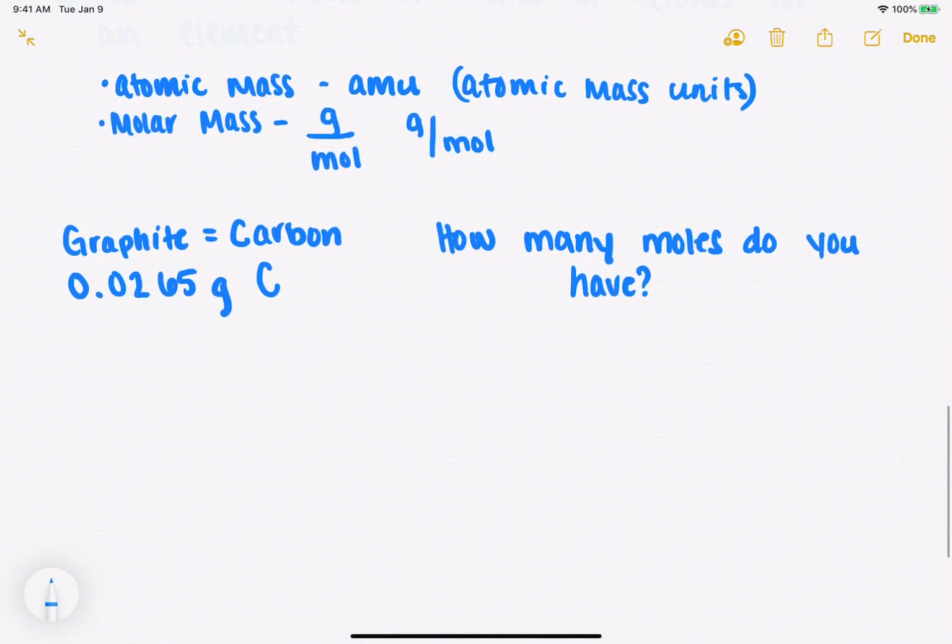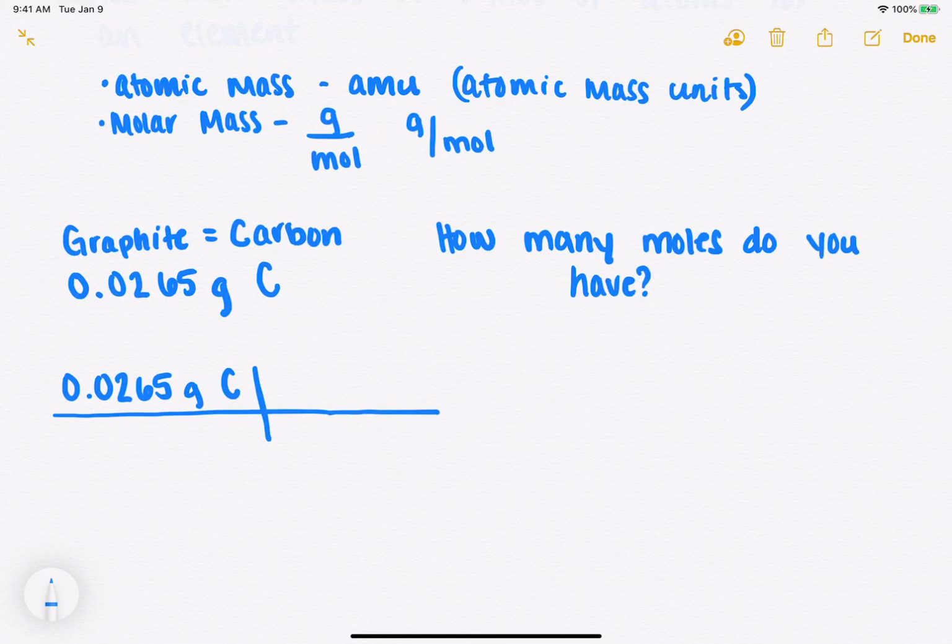So when we're doing dimensional analysis, we always want to start with the number that's given, which is 0.0265 grams of carbon. And also, you always want to write out all of your units just so that you don't get confused. Now we have to line up our units, so grams of carbon will go on the bottom, and what we're trying to convert to will go on the top. So moles of carbon.